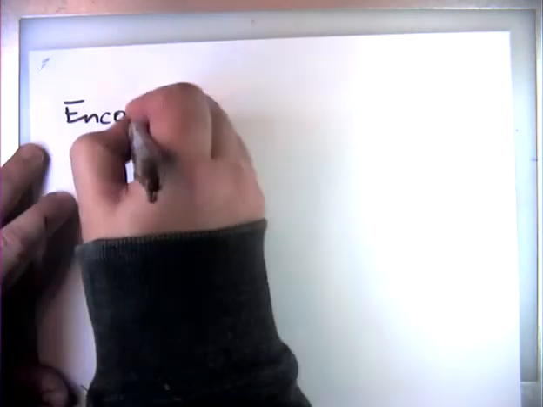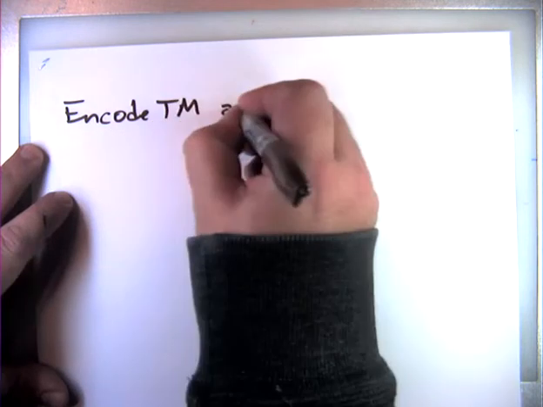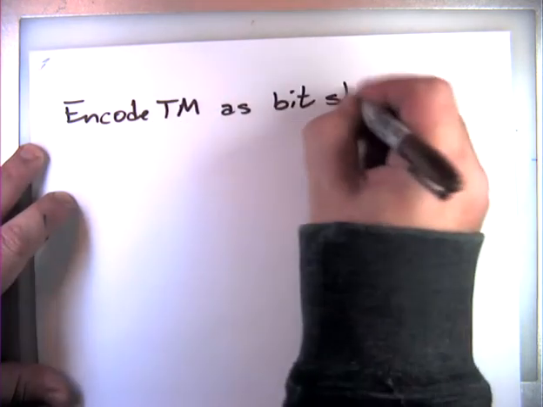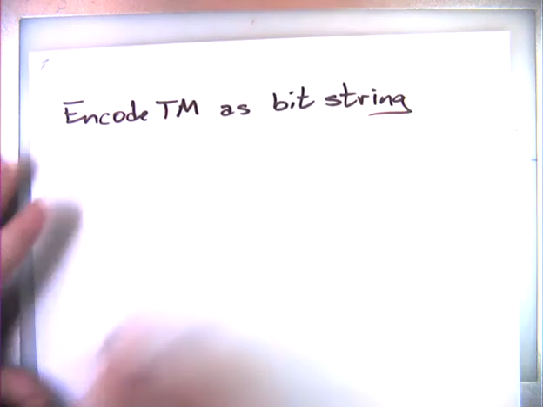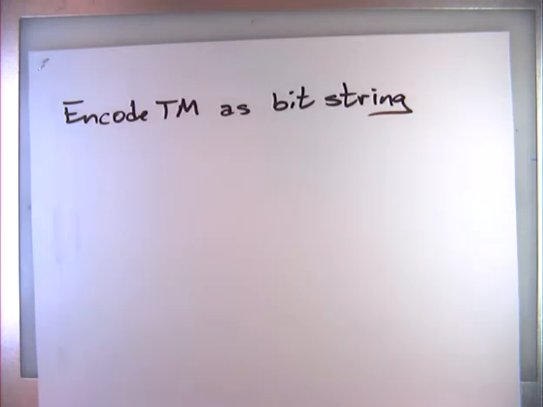I have left myself 2 minutes to describe how a universal Turing machine works. I take whatever Turing machine I want and I encode it as a bit string.